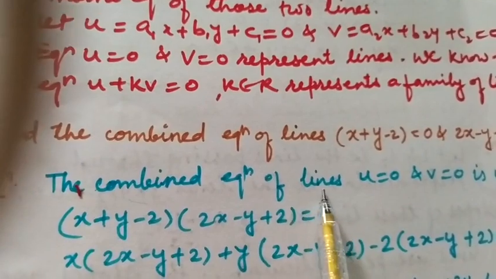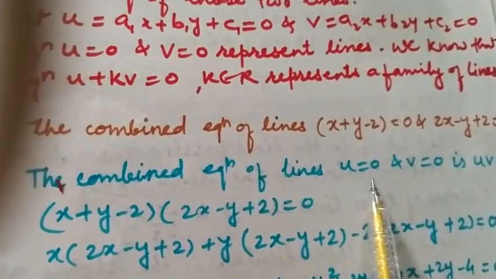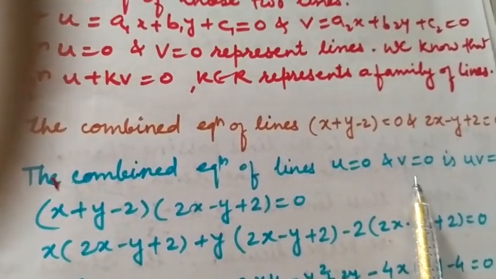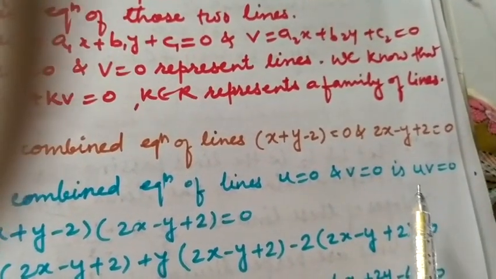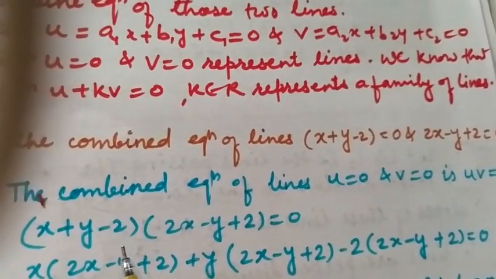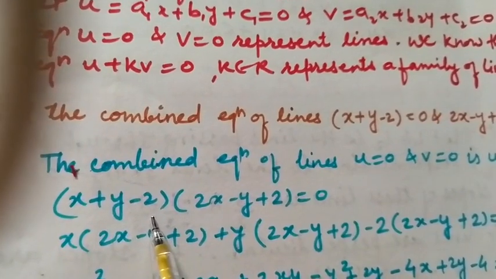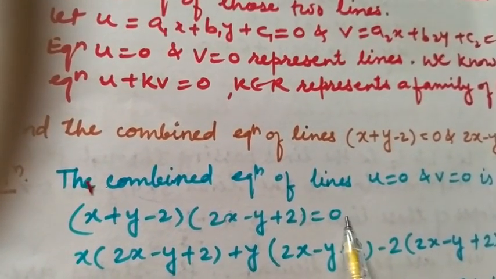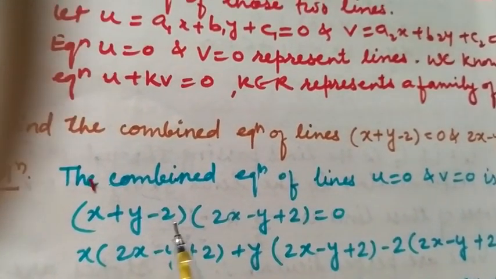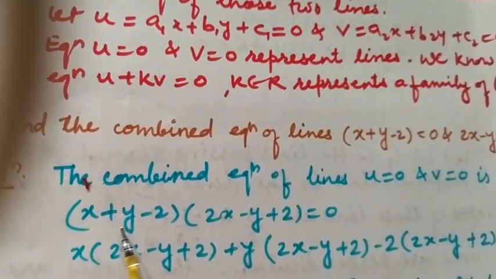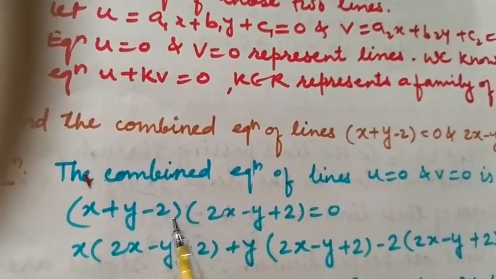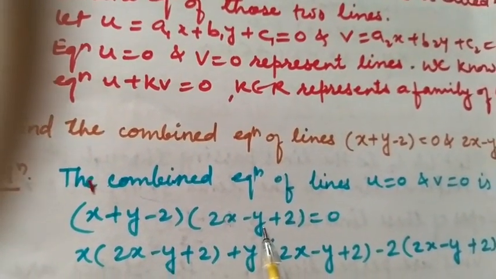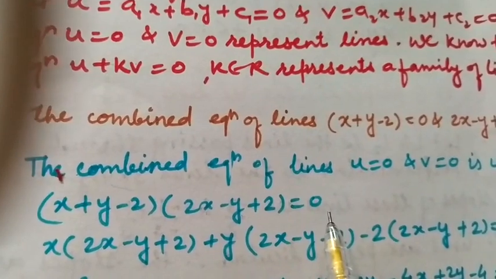The combined equation of lines u is equal to 0 and v is equal to 0 is uv is equal to 0, means multiply u into v, which is equal to 0. See the equation: x plus y minus 2 into 2x minus y plus 2 equal to 0.